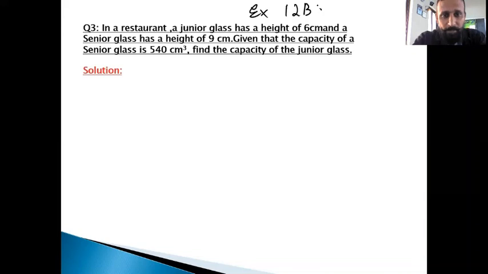If I try to make a figure for you guys, this is a junior glass and this is a jumbo size big glass. All right. Now, what are they giving? They are giving that their heights are 6 centimeters and 9 centimeters.